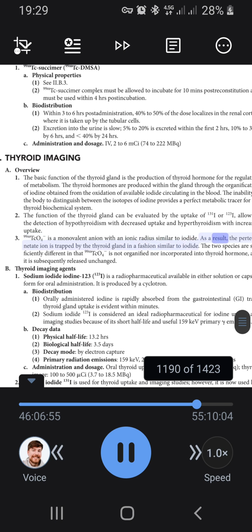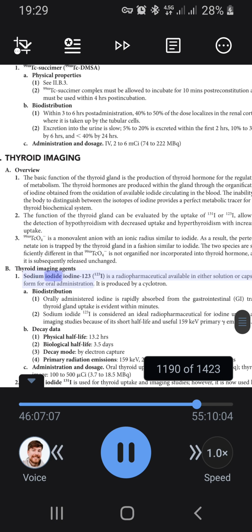As a result, the pertechnetate ion is trapped by the thyroid gland in a fashion similar to iodide. The two species are sufficiently different in that 99mTcO4 is not organified nor incorporated into thyroid hormone, and it is subsequently released unchanged. B. Thyroid imaging agents.